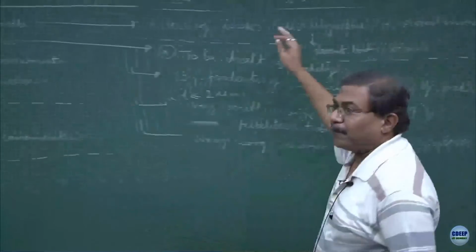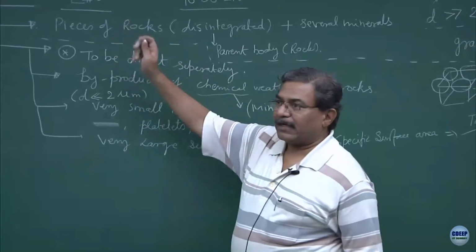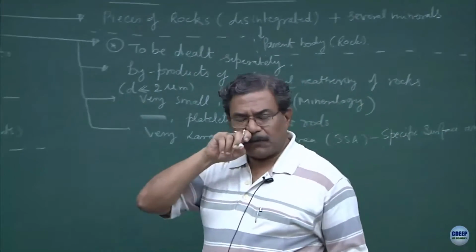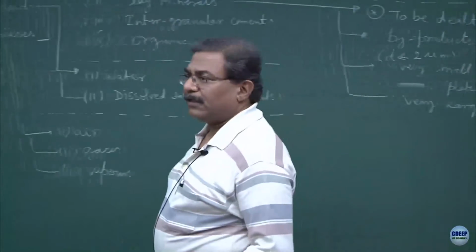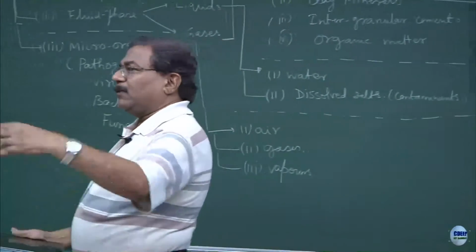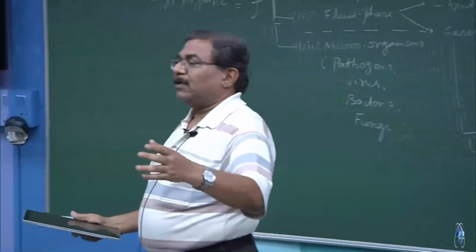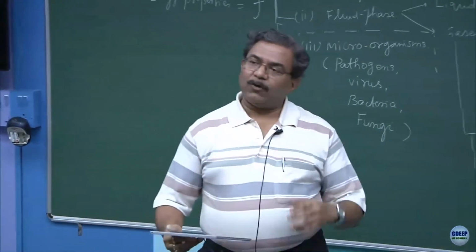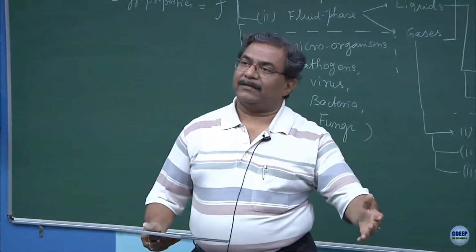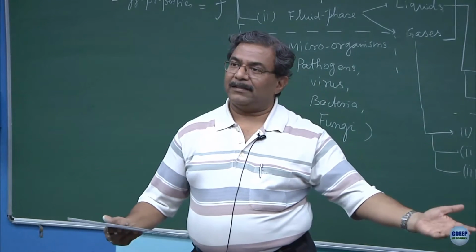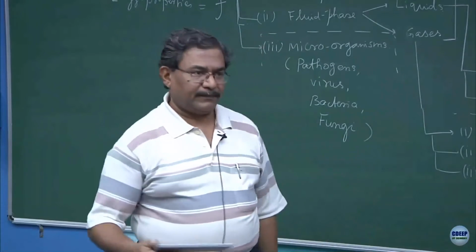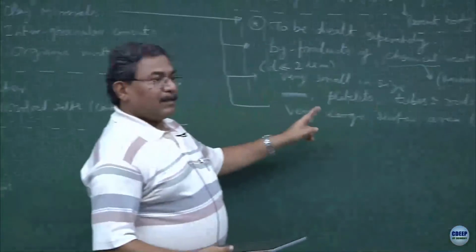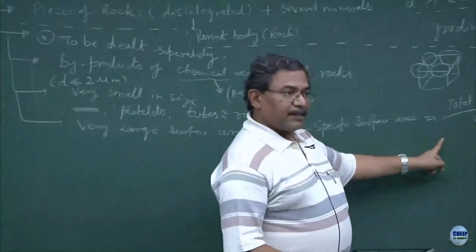Did you follow something interesting? If I start from here, if I crush it by grinding, there are many companies in India that take slags from the steel industry and pulverize them to nano size, and they call it micro cement, ultra fine fly ashes. They directly add it to the cement, clear, so it becomes green cement. So remember, the moment particle size decreases, the specific surface area increases.